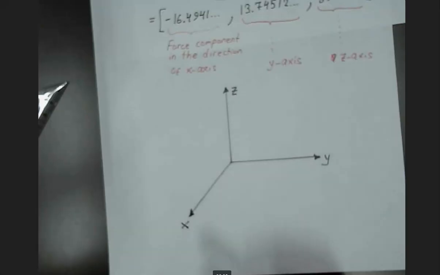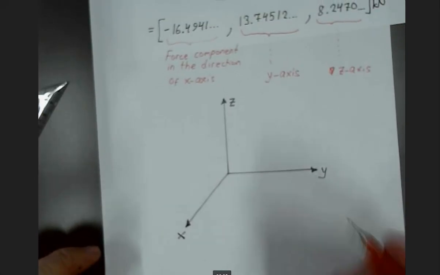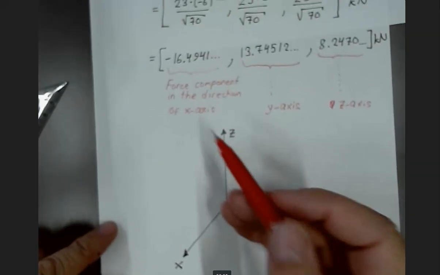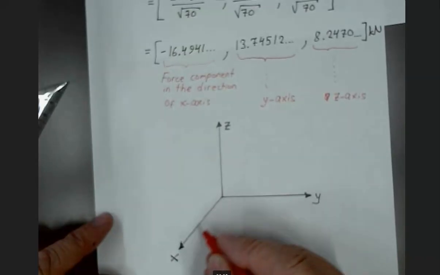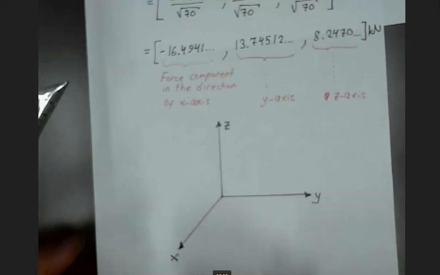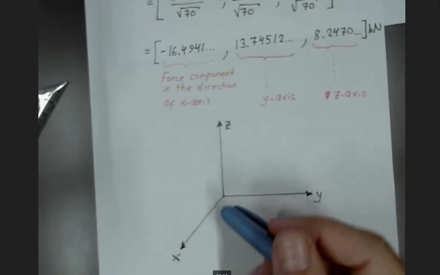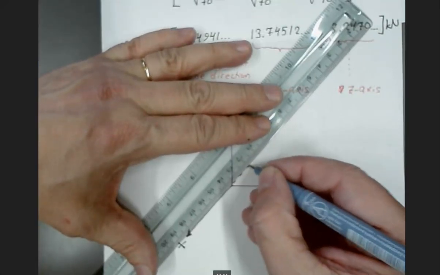So when we have this force vector, we have the coordinate value -16, so the negative x-axis goes to the opposite direction from the positive x-axis, somewhere here.